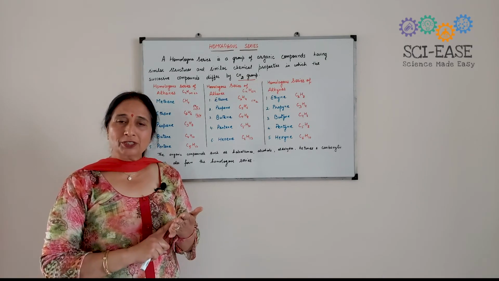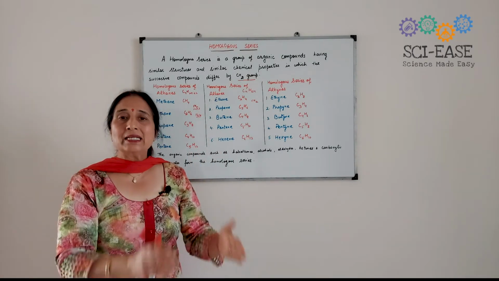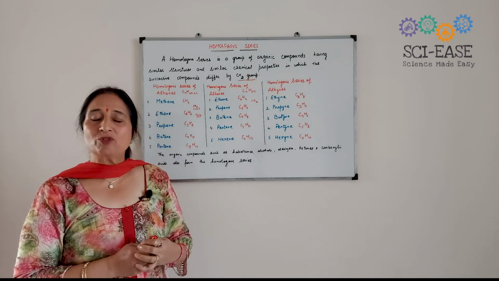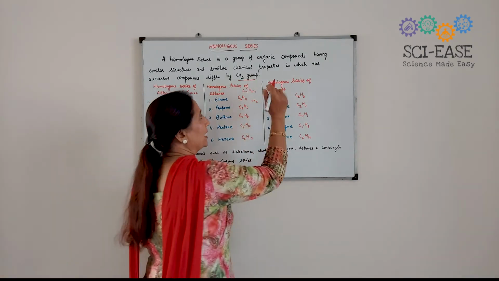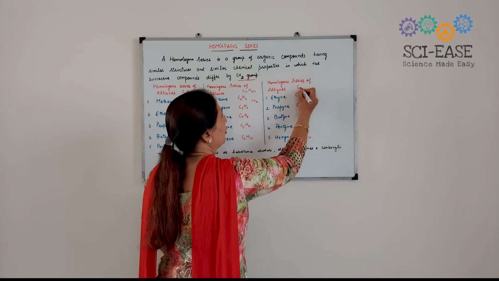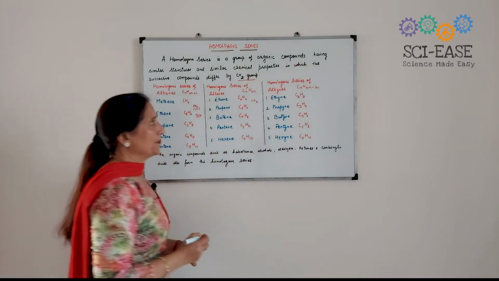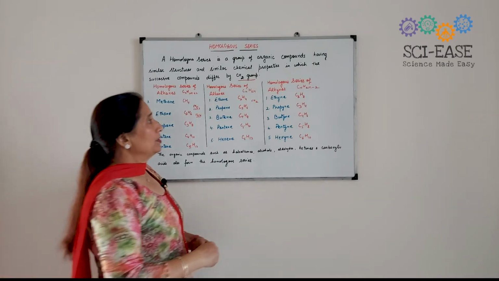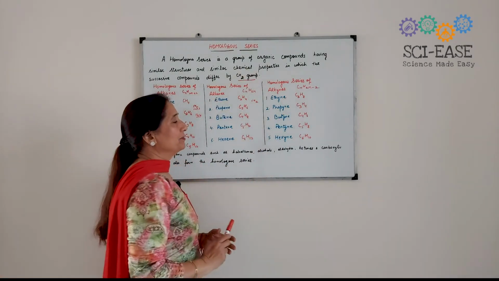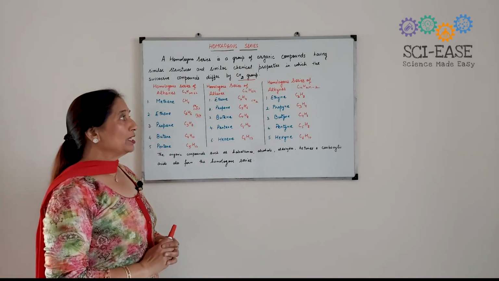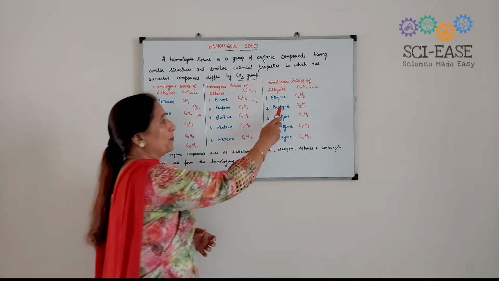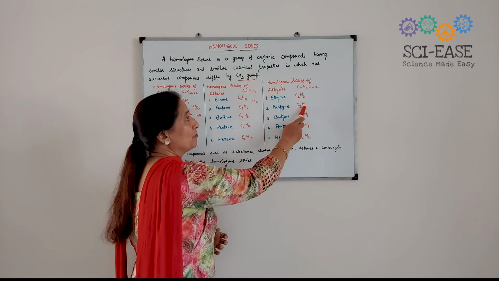In the same way, you can take the case of the homologous series of alkynes. First thing I have told you is that this series should have the same general formula. So alkynes have the general formula CnH2n-2. Ethyne will have the molecular formula C2H2, propyne C3H4.